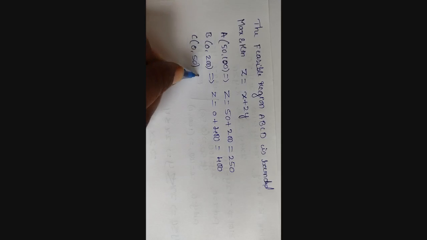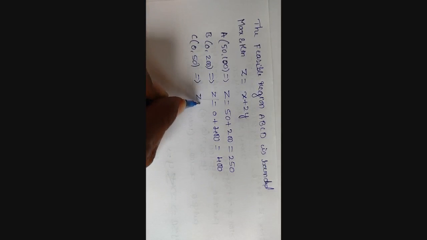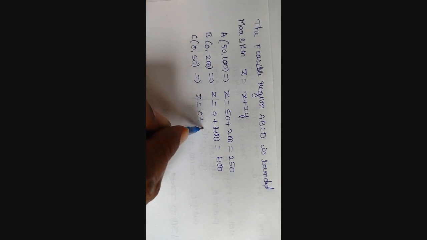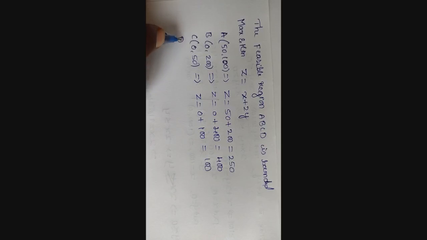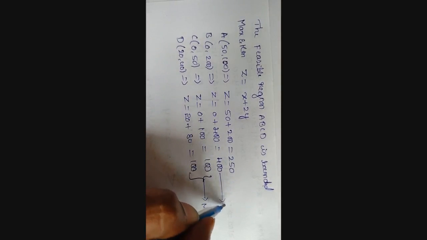C is 0 comma 50, which implies z is equal to 0 plus 2 fives are 10, 100. And the last point is 20 comma 40, which implies z is equal to 20 plus 80 is equal to 100. So these two are minimum and the maximum is 400.